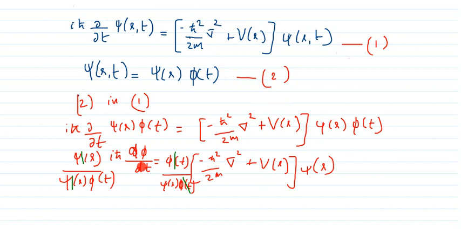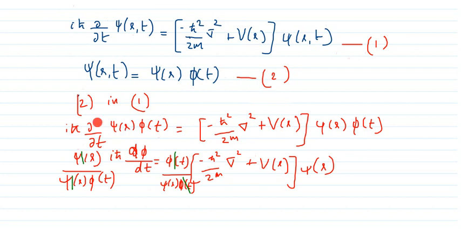Okay, so that is the left hand side. You need not worry about this function because I'm going to divide by psi of r into phi of t on both sides after this differentiation. First we have taken the differentiation. Since we have a time differential on the left hand side, the space part is a constant.